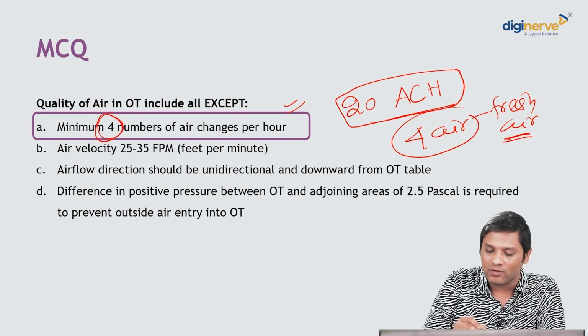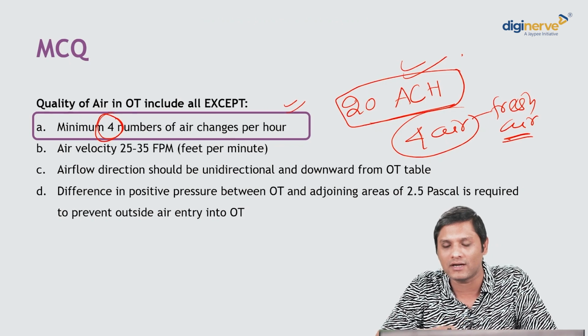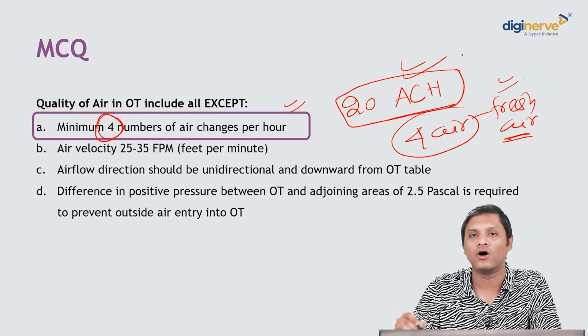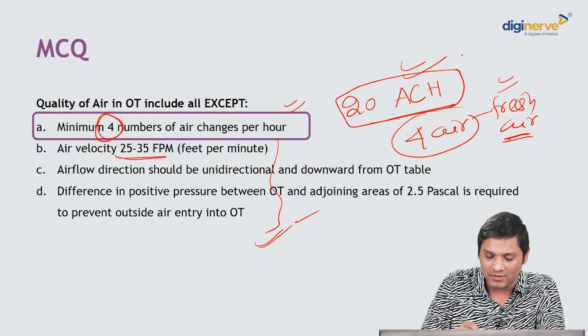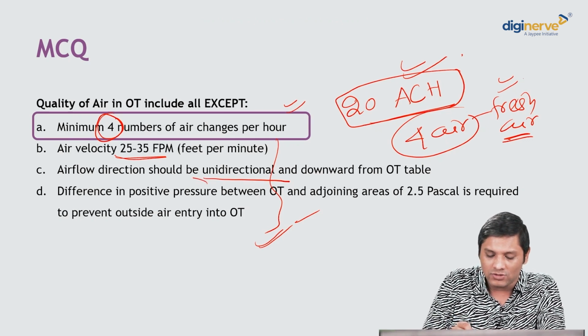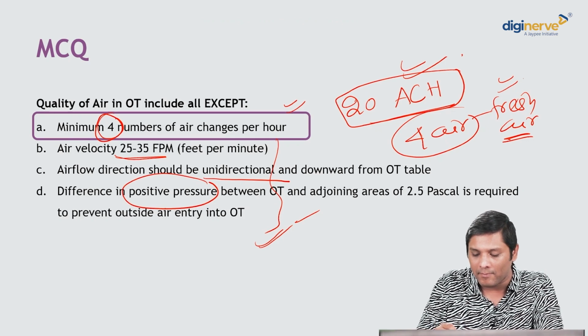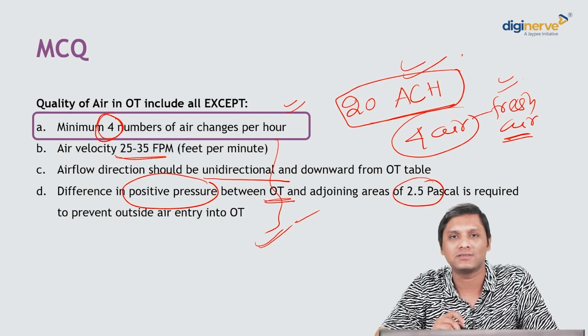Not a minimum 4, minimum 20 air exchanges you should have inside the operation theatre, among which 4 should be fresh air. Other points are correct statements. You should have air velocity this much, airflow direction has to be unidirectional, and you should have a positive pressure maintained in the operation theatre, which has to be at least 2.5 Pascal.